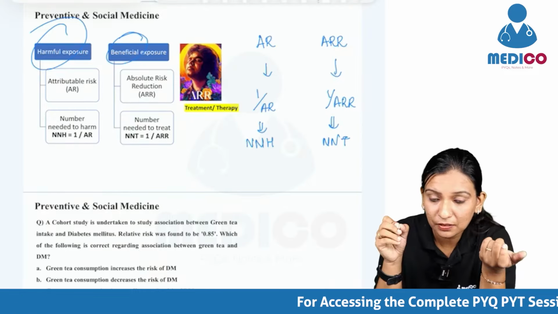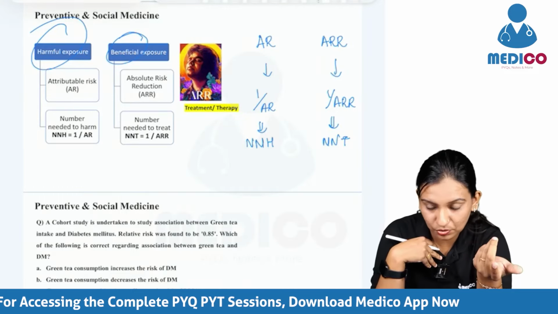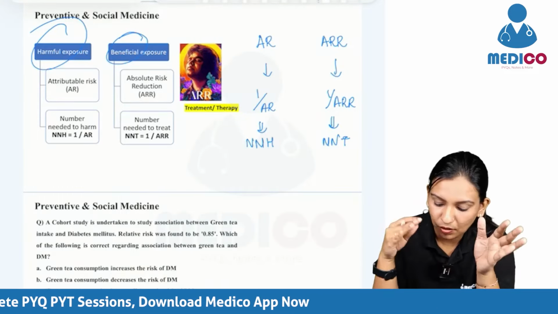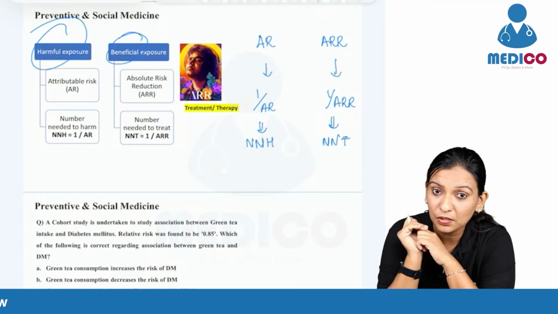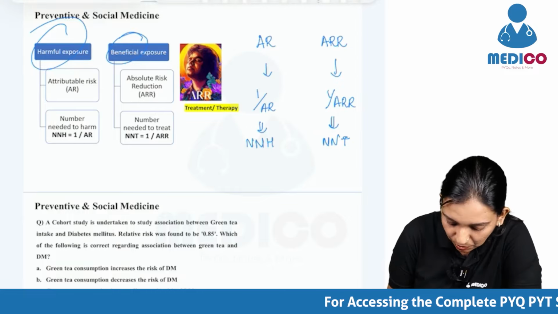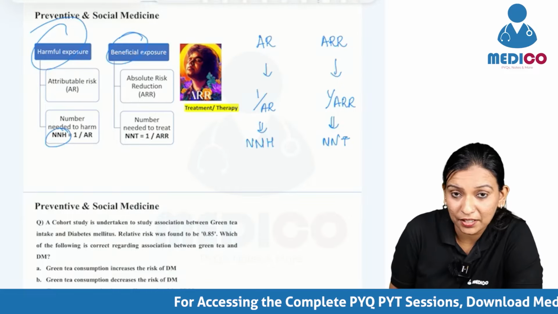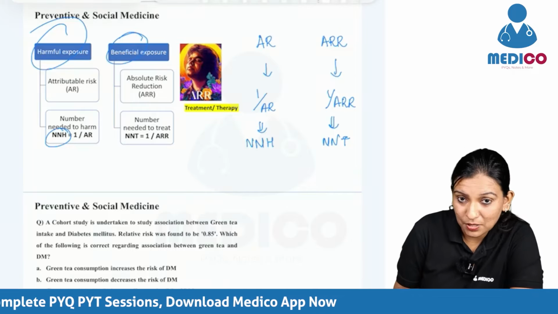Sometimes you might be given questions where, instead of asking for the attributable risk, they might ask you to calculate the number needed to harm, or if it's a beneficial exposure, you might be asked to calculate the number needed to treat. So the formula is number needed to harm is 1 by attributable risk, whereas number needed to treat is 1 by absolute risk reduction.